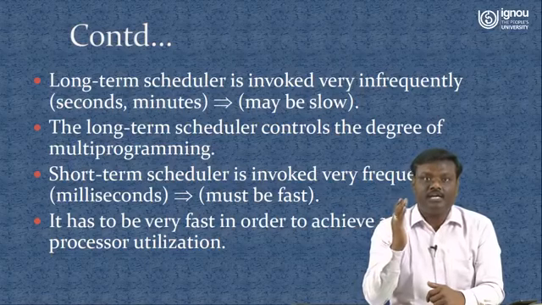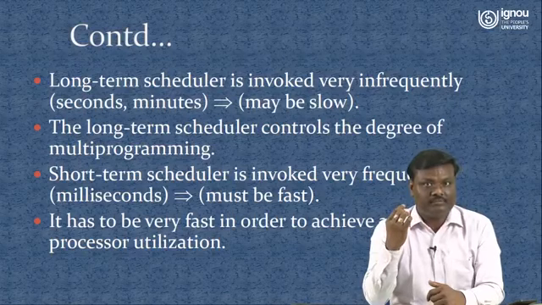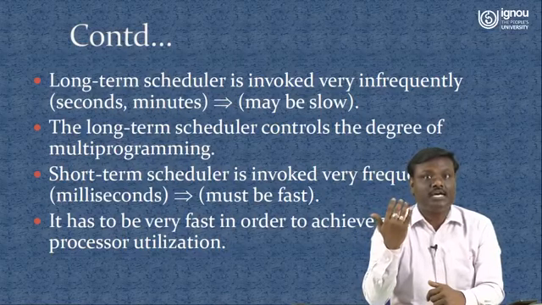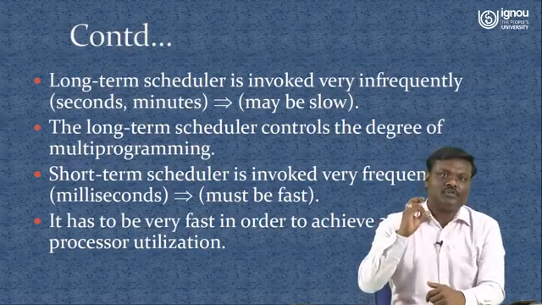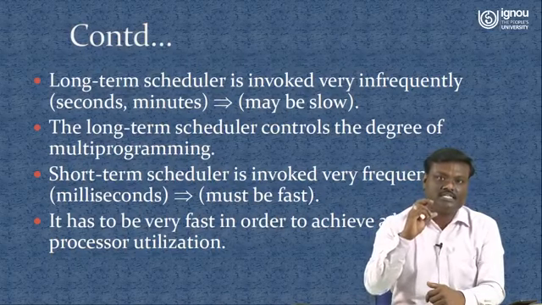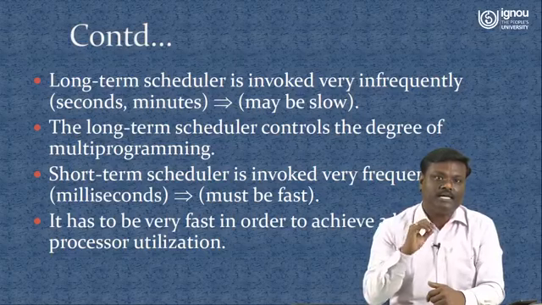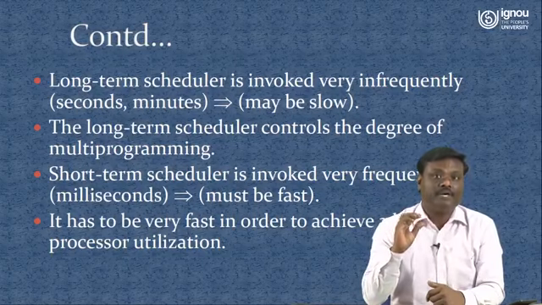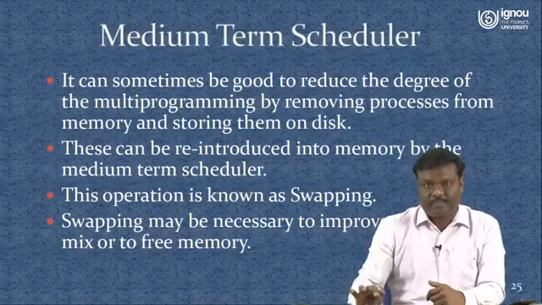It should handle one process after another. There should not be any delay time. If it sits idle, then the throughput or processor utilization will be degraded, so we are not using that processor 100%. So the main focus of the long-term scheduler is the degree of multiprogramming, and the main job of the short-term scheduler is to achieve better processor utilization.